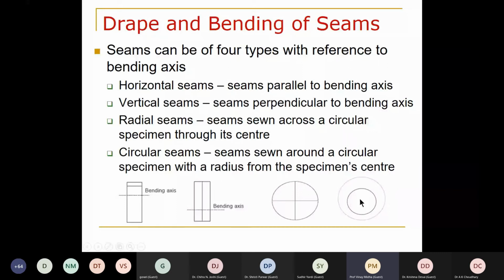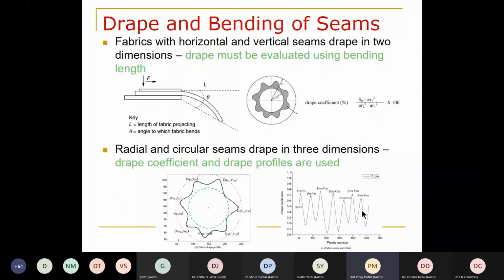Now, when comparing the drape and bending of these types of seams, for the horizontal and vertical seams, the bending length is an appropriate method of understanding the bending behavior, because in this case you can see how much length is bending for the vertical and the horizontal seams.